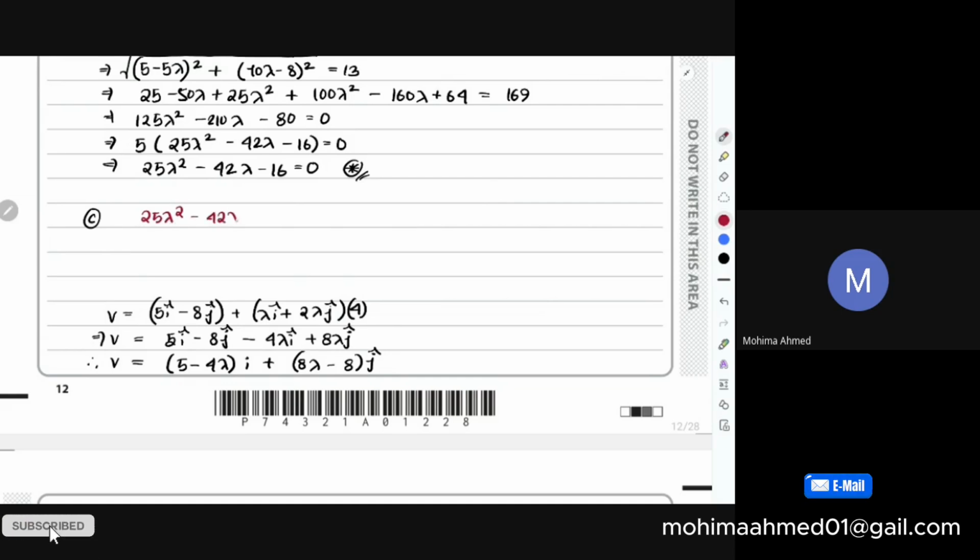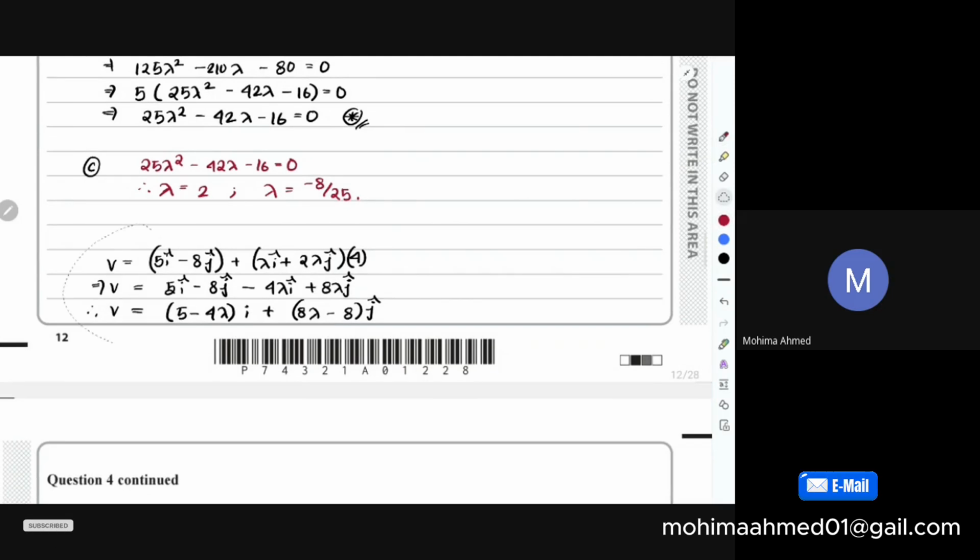If you solve this equation, 25 lambda square plus 42 lambda minus 16 equals 0, the value for your lambda, I'm skipping the factorization, but do not skip the factorization in your working. You either get 2 or minus 8 over 25.